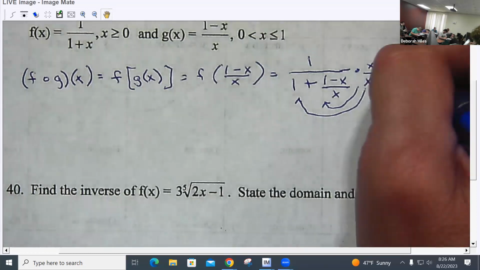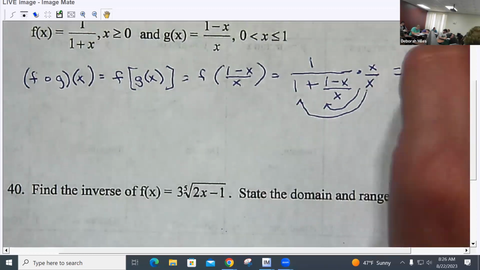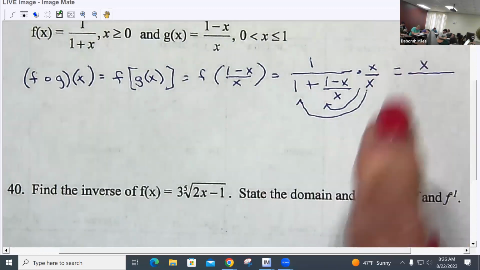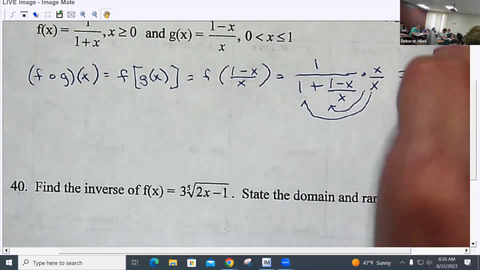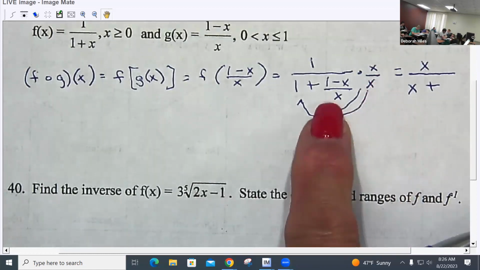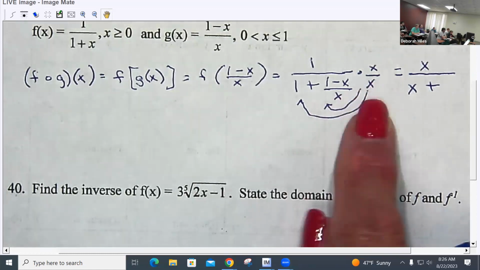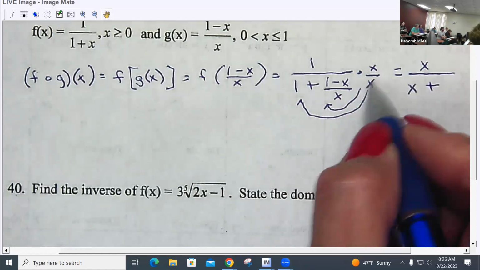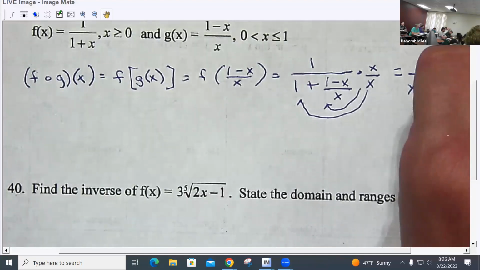So the big numerator just becomes what? 1 times x is x. The denominator, I'm going to say x times 1 is x. What's x times this fraction? Yeah, that's why you multiply by x so that they would divide out in that second term. So x plus 1 minus x.